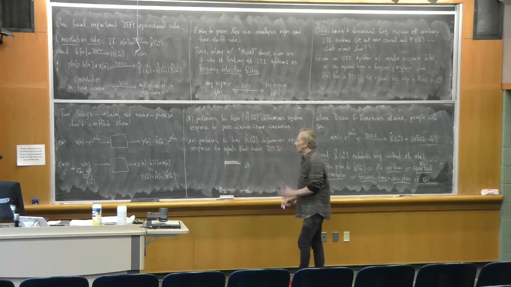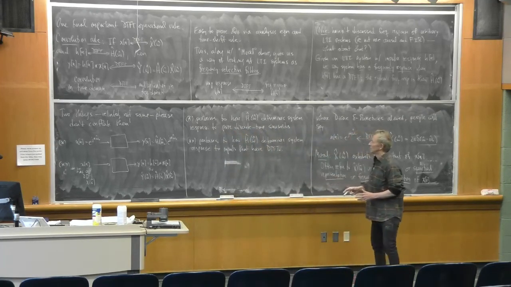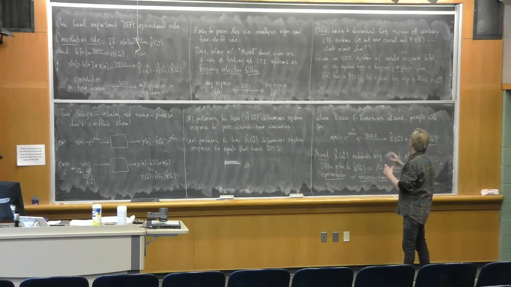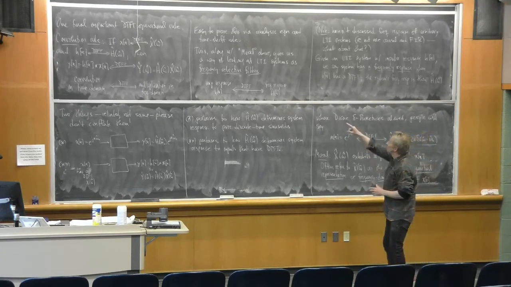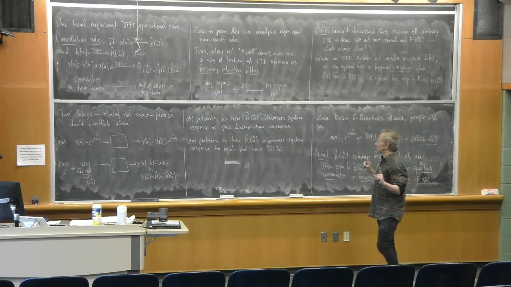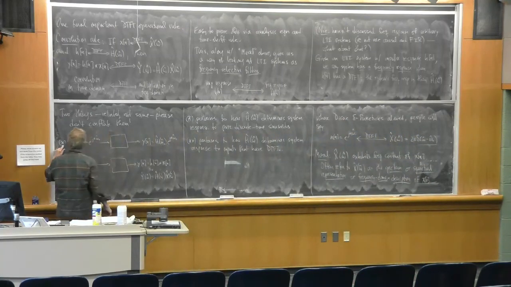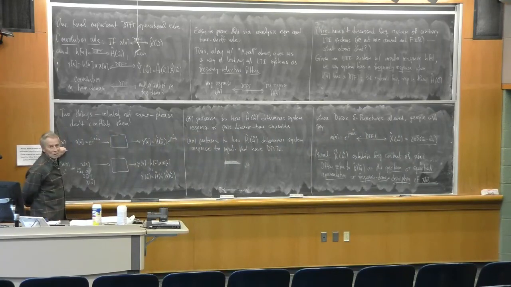But in either case, this supports our intuition that these are frequency selective filters. Why? Star tells us how the frequency response determines the response to pure sinusoids. That says that if h hat of omega 0 hat is big, then the system amplifies the sinusoidal frequency omega 0 hat. If it's 0, it kills the sinusoidal frequency omega 0 hat.